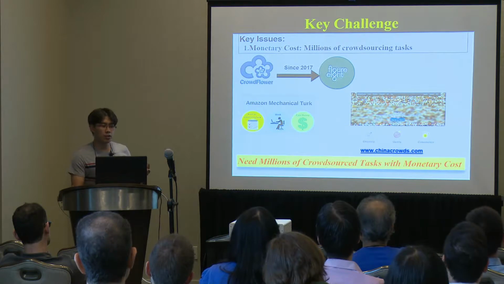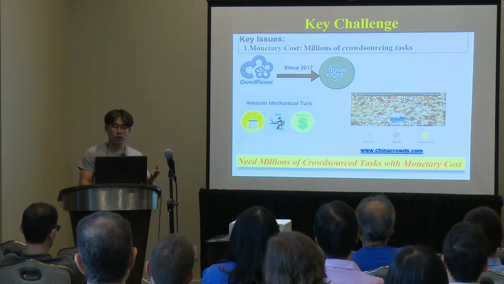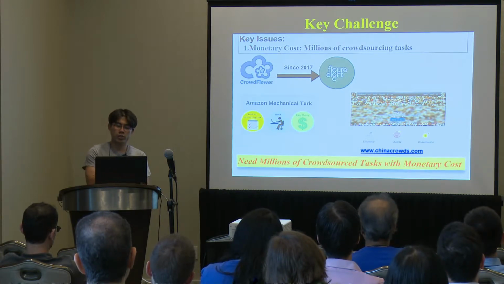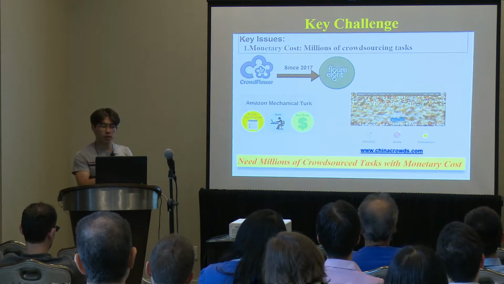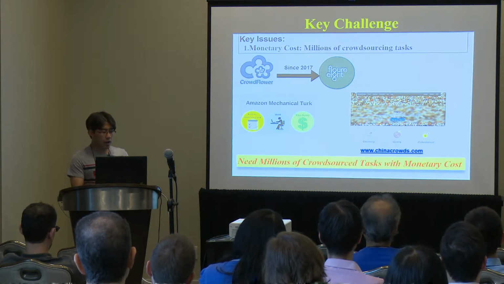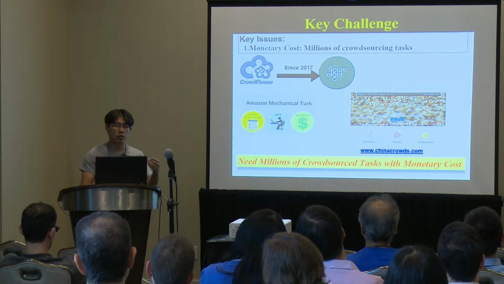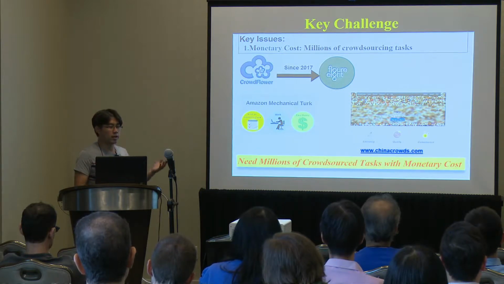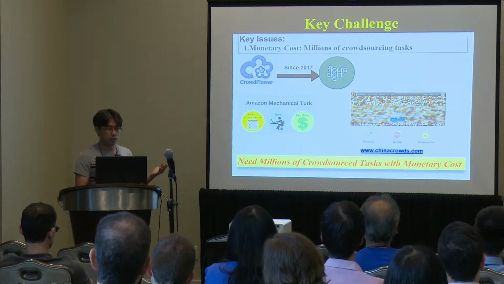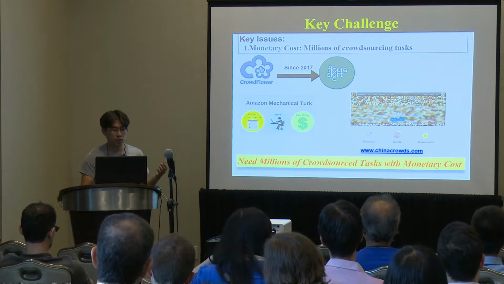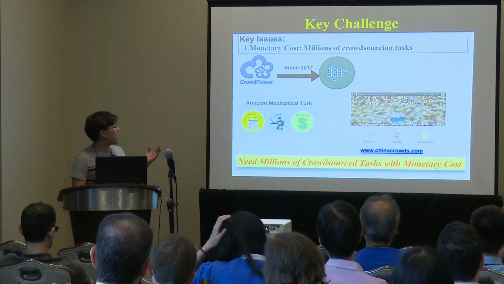The first challenge is the monetary cost. For example, in real-world applications, there are many crowdsourcing platforms, such as CrowdFlower, which is Figure Eight since 2017, and Amazon Mechanical Turk, which we also call AMT for short.